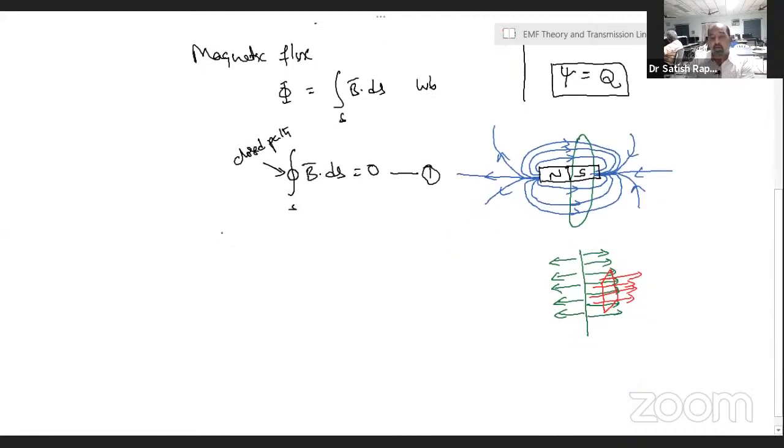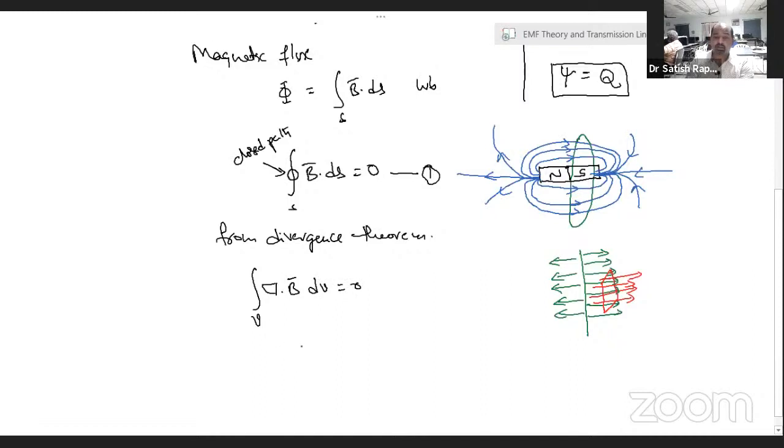And now, from the divergence theorem, as we know, the divergence theorem gives the relationship between surface integral and volume integral. So the surface integral of any function is equal to the volume integral of the divergence of that function, is equal to 0.